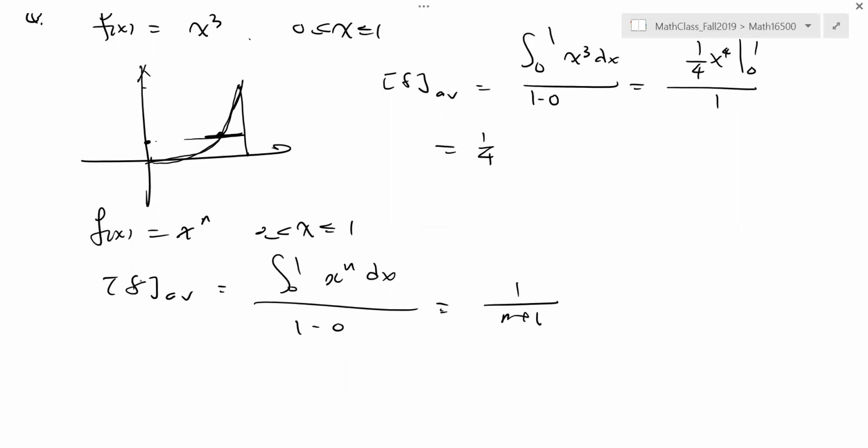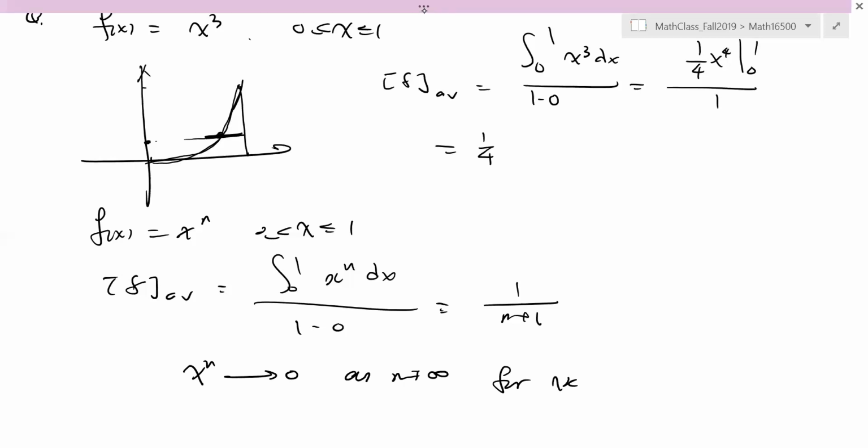The reason is x to the nth power is a very small number. Of course, when x is close to 1, this number is close to 1. But for any x smaller than 1, when n is sufficiently large, x to the power n is a very small number.